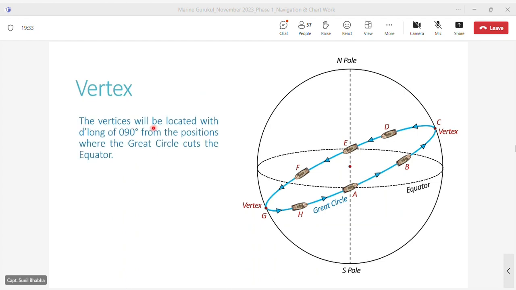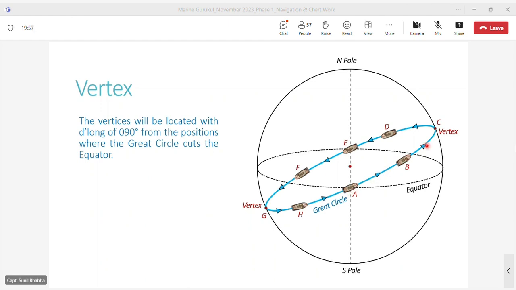Now the vertices will be located with a difference of longitude of 90 degrees from the positions where the great circle cuts the equator. Let's try to understand this from the diagram. We know that it is at point Alpha that the great circle track is crossing the equator.